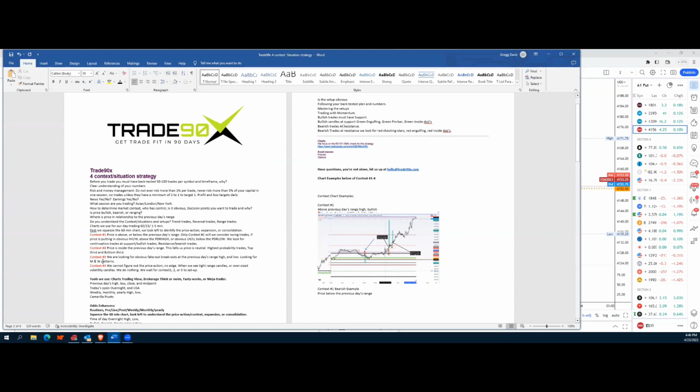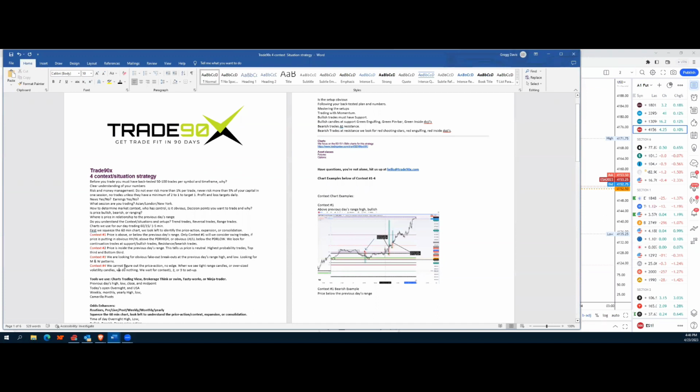And context number 4, we cannot figure out what price action is doing. There's no edge. When we see tight range candles or oversized volatility candles, we do nothing. We wait.